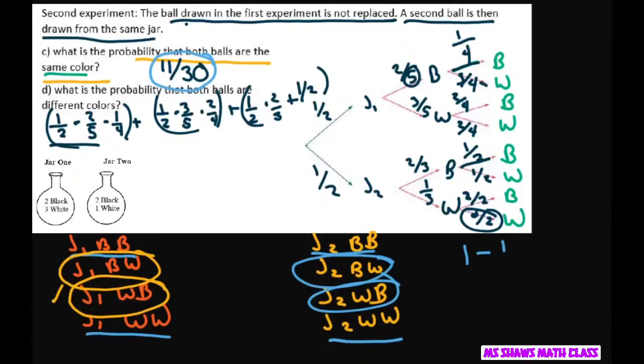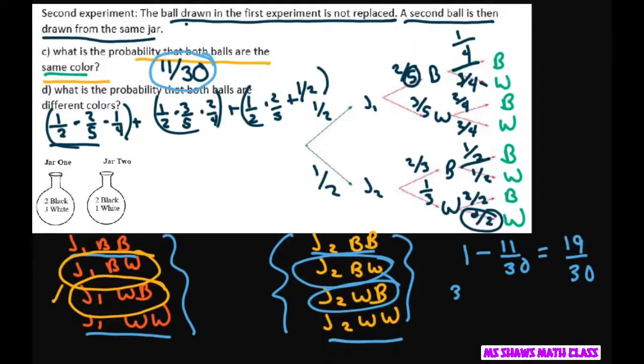So 1 minus 11 divided by 30, because remember, if you add all the probabilities up, they should equal 1. And that should give you 19 divided by 30. So it's like 30 divided by 30 minus 11 divided by 30.